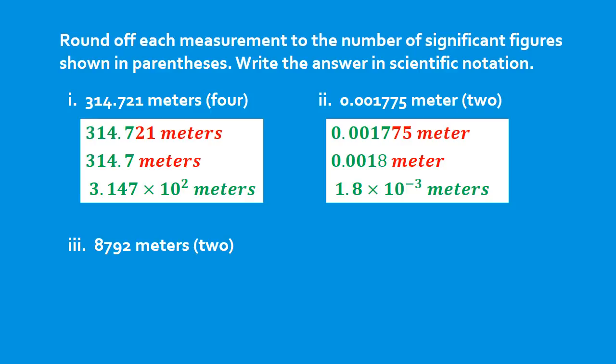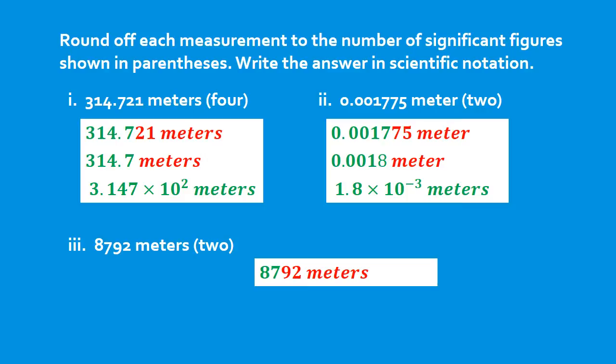And on the third one, we had 8792 meters. We wanted 2 significant digits. So the 8 and the 7 are significant. The number after our second significant digit is greater than 5. So that 7 needs to increase by 1 to 8.